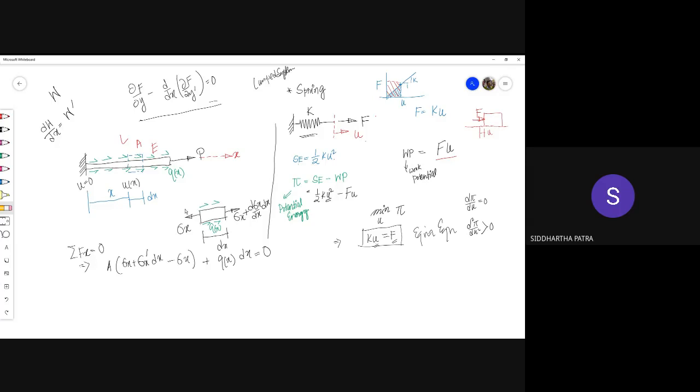So we'll go there. Therefore, we have these two terms cancelled out, and eventually, our differential equation would look something like this.